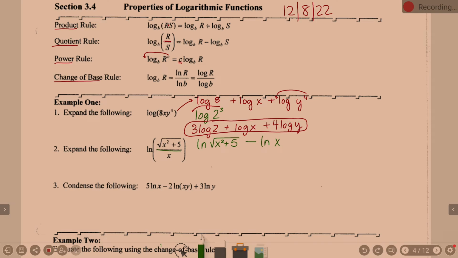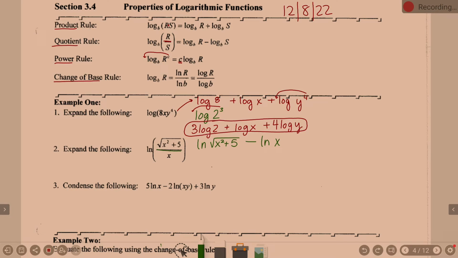It's not an equation, so I can't just randomly square things. You could, it just wouldn't work. I can't legally just randomly square things. So you can't change the base, but we can use the power rule.